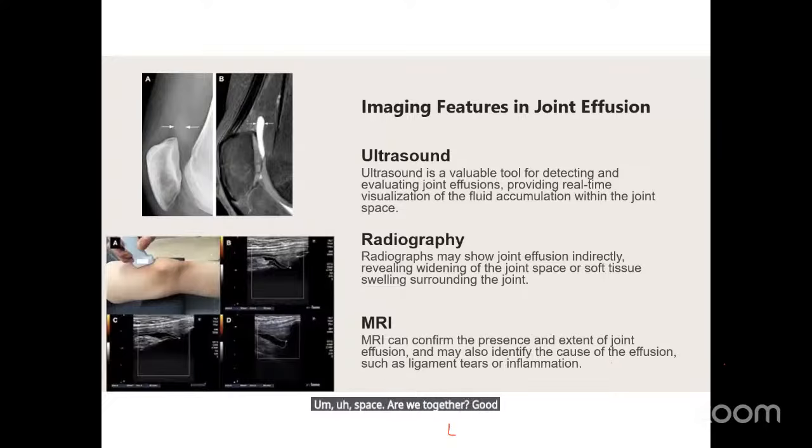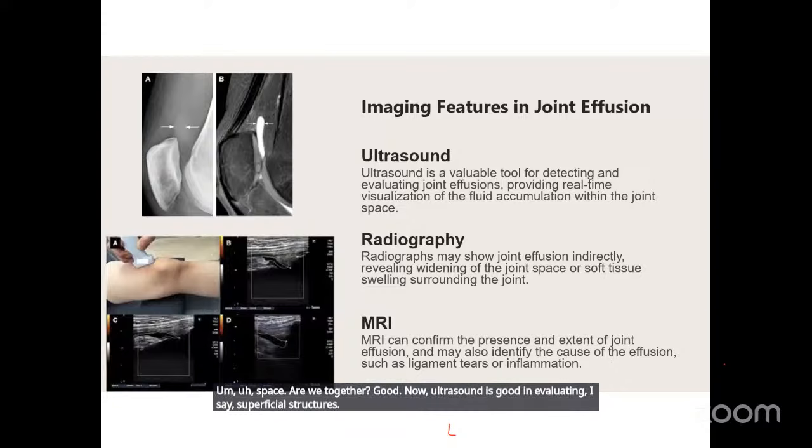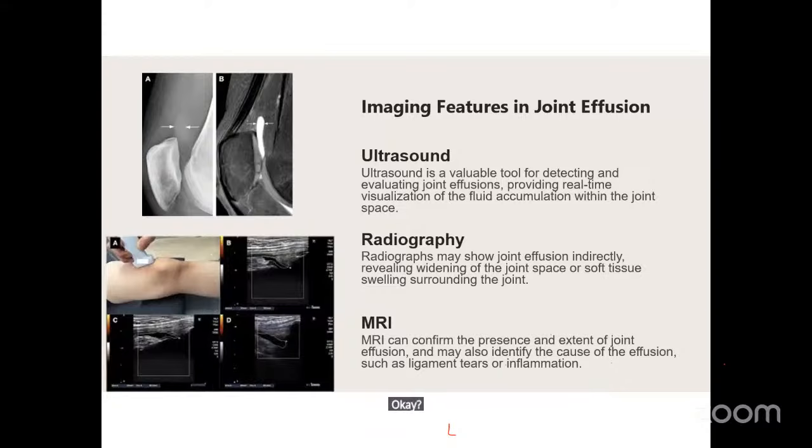Good. Now, ultrasound is good in evaluating superficial structures. Added to that, it is also good in characterizing structures that have either solid or cystic characteristics. Are we together?